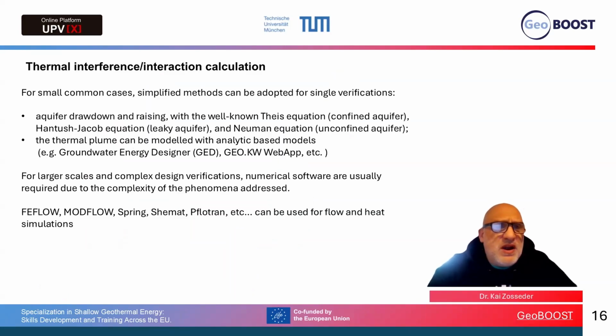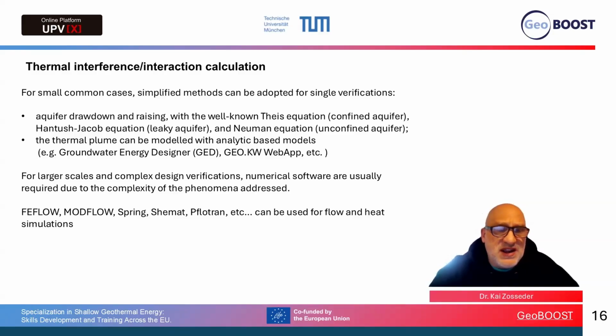And then at the end, we have to calculate the thermal interference. So what is the thermal plume and how does the thermal plume behave downstream? If you have small common cases, then you can use simplified methodologies to calculate the thermal plume, so analytical based models. For that, there are some models on the market, for example, the Groundwater Energy Designer, or also other analytical models.